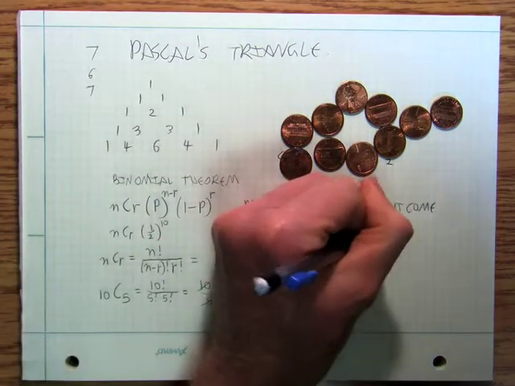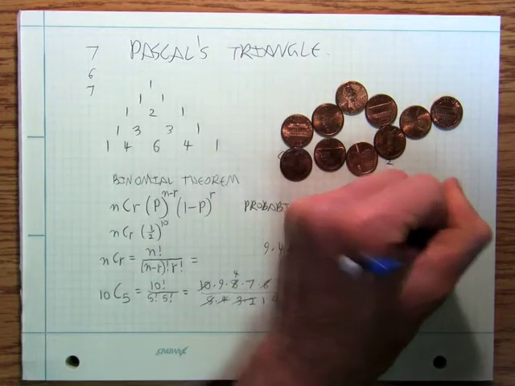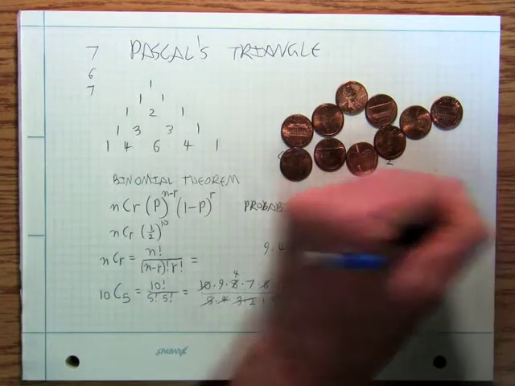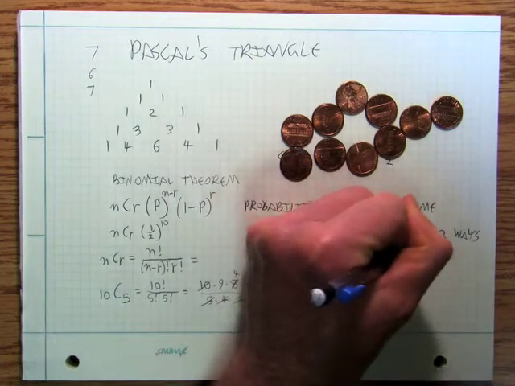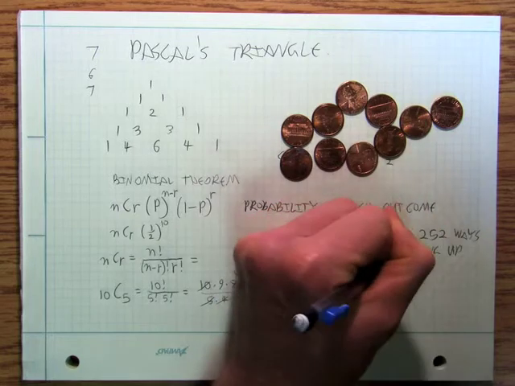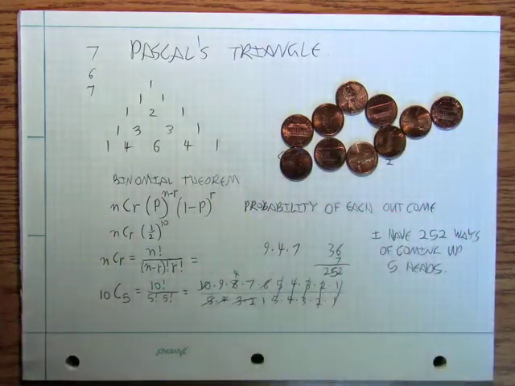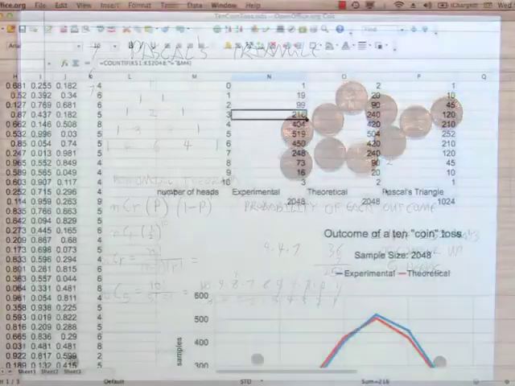So I have 252 ways of coming up with 5 heads. Okay, back to the spreadsheet.